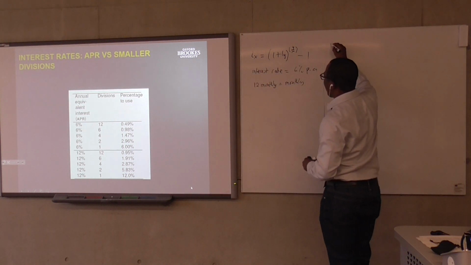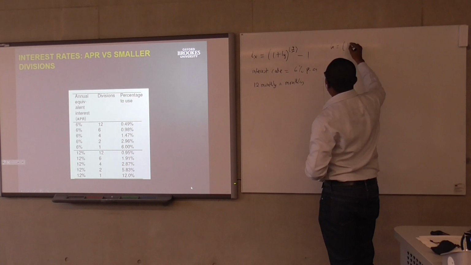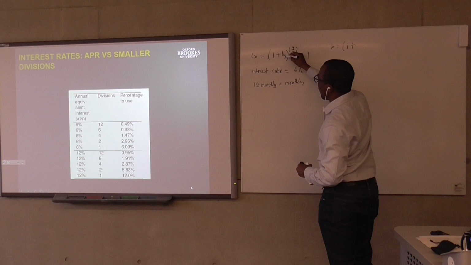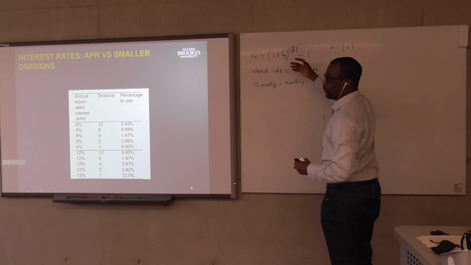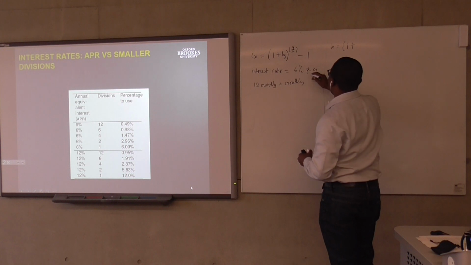So to be able to calculate the effective interest rate on a monthly basis, which is i of x, it will be 1 plus the interest rate for y. y is always your annual interest rate, right, which is the bigger one. We're taking the interest rate per annum of what? 6%.